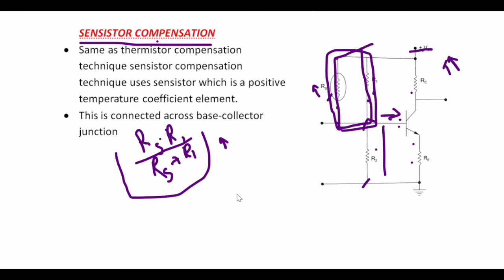This also compensates the collector current: the increase in collector current because of temperature is offset by the decrease in base current. In this way, the Sensistor also compensates the increase in collector current. These are all about the compensation techniques, and we have discussed the diode, thermistor and Sensistor compensation techniques.